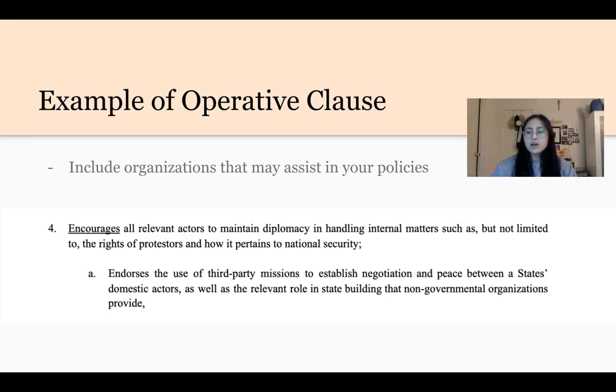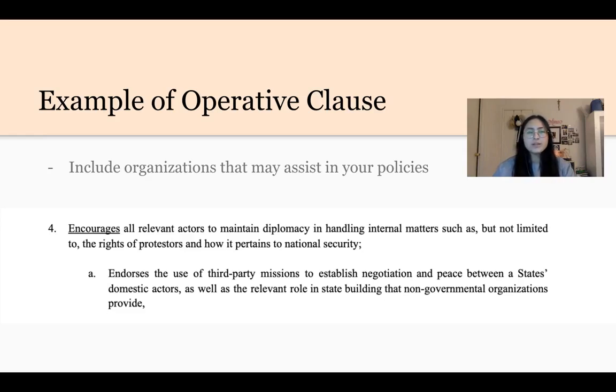If you are working with a certain delegate in a group and your ideas completely clash, where he or she writes an operative clause that promotes a belief that your country does not hold, then you want to talk with that delegate and see how you can compromise on such an idea.